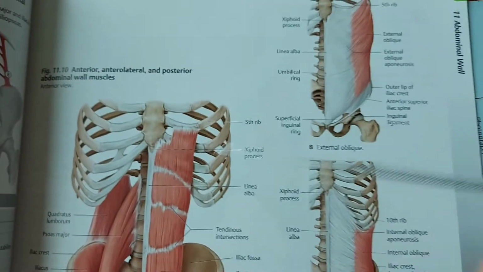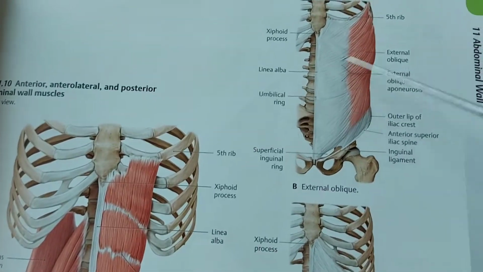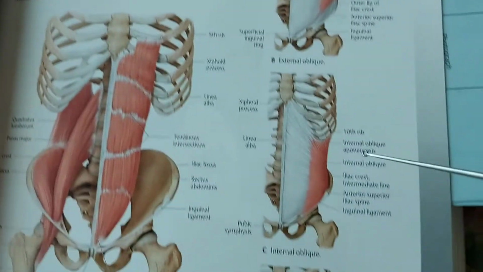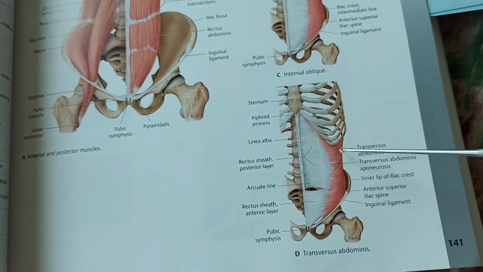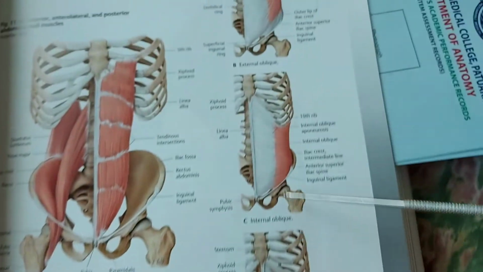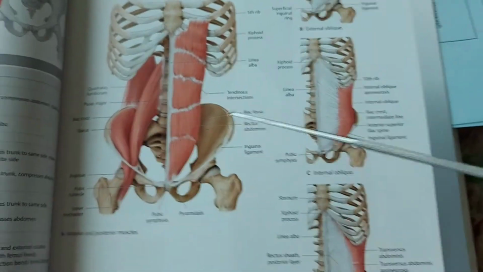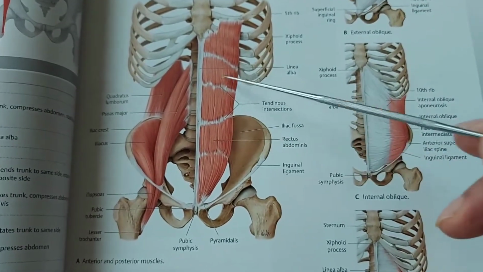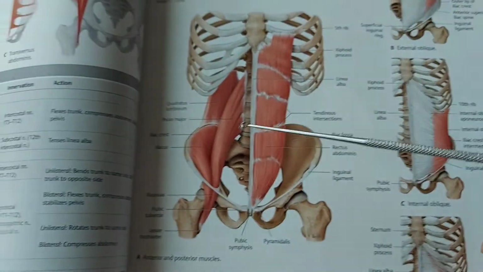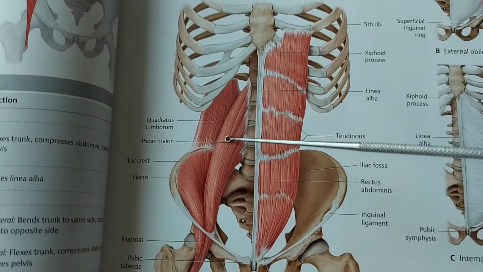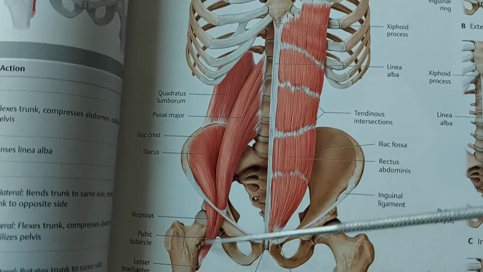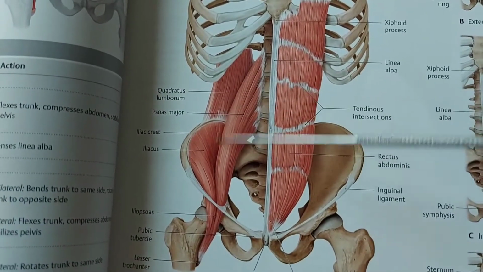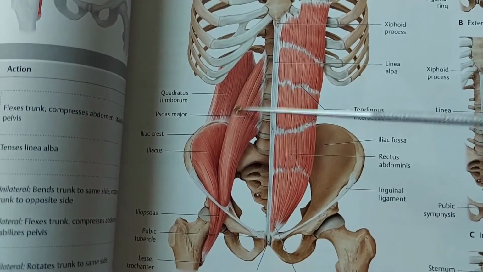Along with the rectus abdominis there is the external oblique on the outside, in the middle the internal oblique, and in the innermost the transversus abdominis. These three muscles along with the rectus abdominis form the anterior abdominal wall. On the posterior side we see the psoas major, quadratus lumborum, and the iliacus. They form the posterior side of the abdomen.